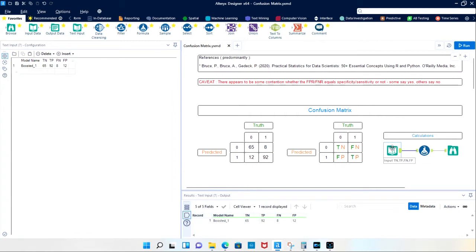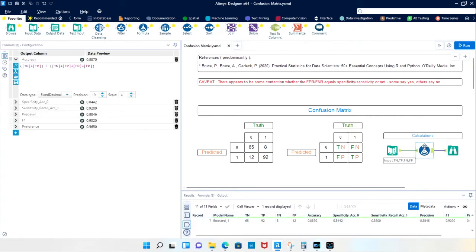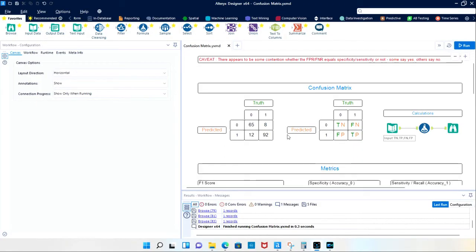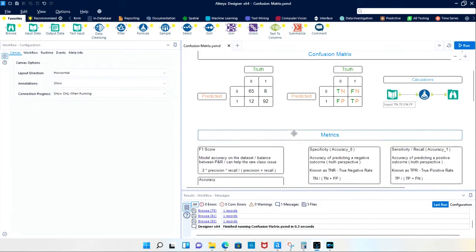So there's an input text box on the far left. We can enter in our true negative, true positive, false negative, and false positive. We send it through the formula tool, and then we get our various metrics here on the left hand side.